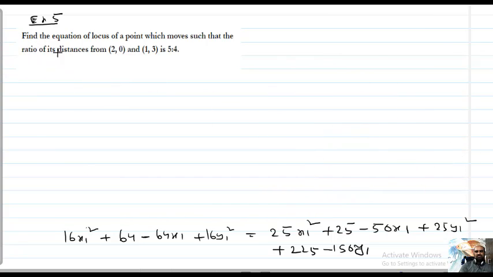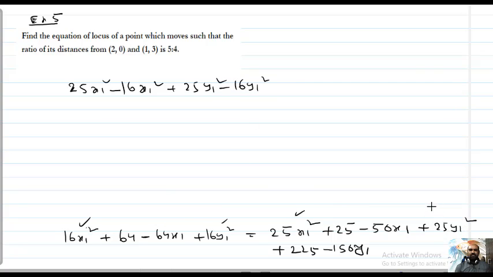Okay students, listen. 25x1 square minus 16x1 square, so these two are completed. 25y1 square minus 16y1 square is also completed.